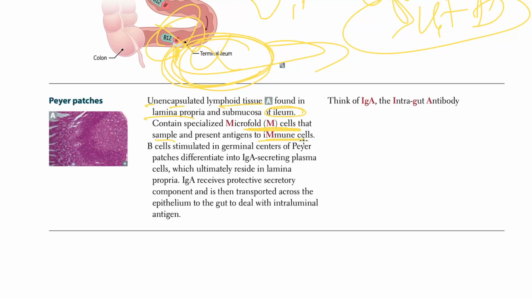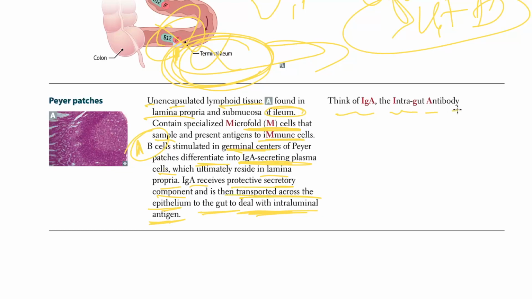B cells are stimulated in the germinal center of the Peyer's patches and differentiate into IgA-secreting plasma cells, which ultimately reside in the lamina propria. IgA receives protective secretory components and is transported across the epithelium to the gut to deal with intraluminal antigens. Think of IgA as the intra-gut antibody.